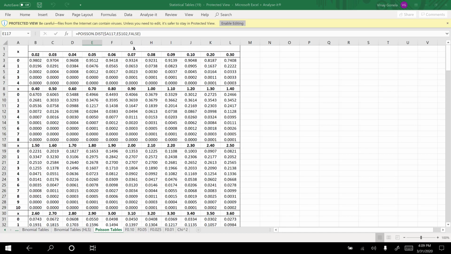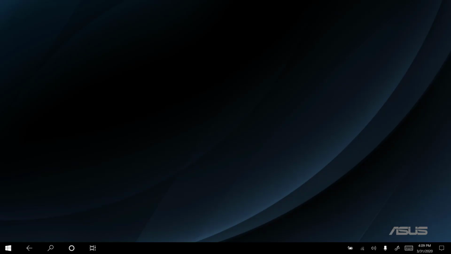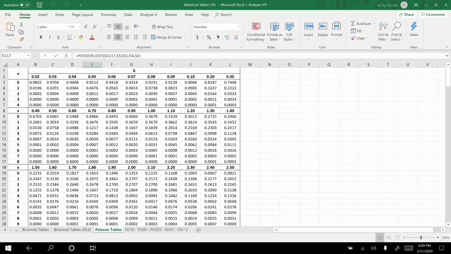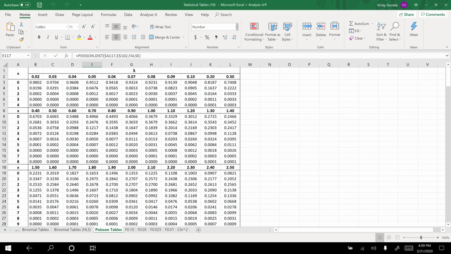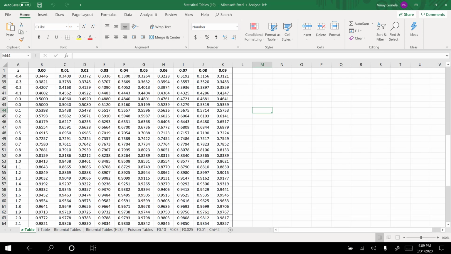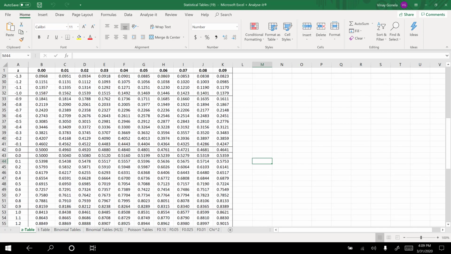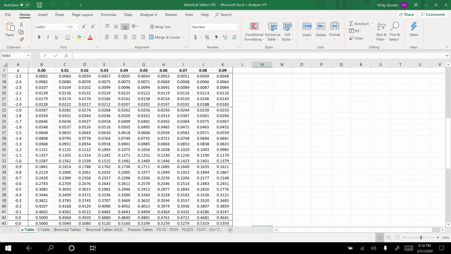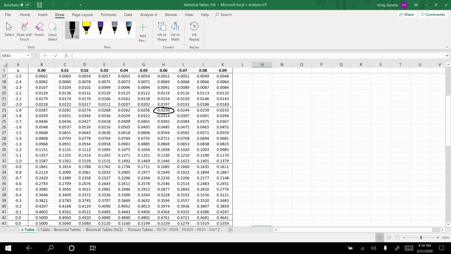So I will enable editing. I have a Poisson table, so I will go to the z table, and then I will be looking for a probability of 0.025. So 0.025, that is this one, so that is negative 1.96. So I'm looking at negative 1.96.